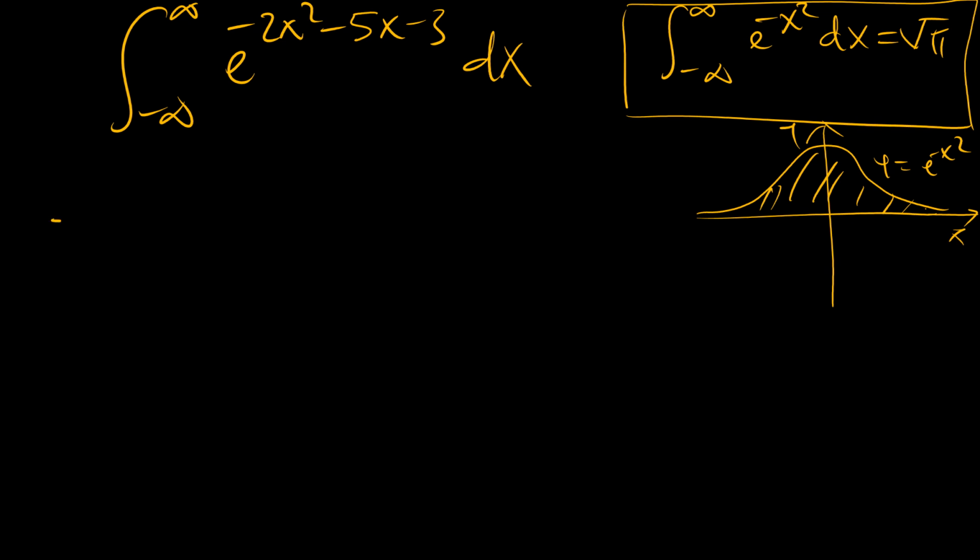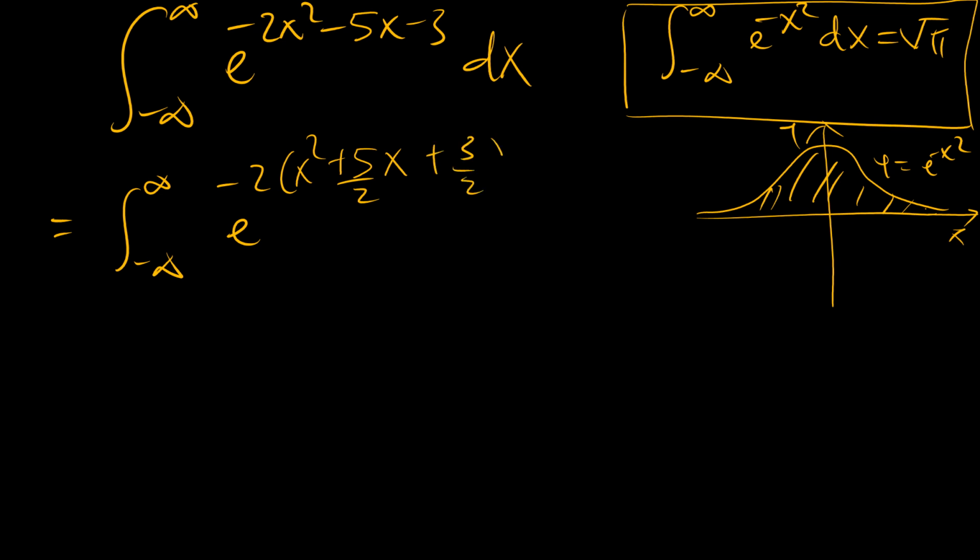So what we'll do here is, one, we will pull the 2 out so that we are left with x squared plus 5 over 2 x plus 3 over 2 inside the brackets. And then we are going to do something else.